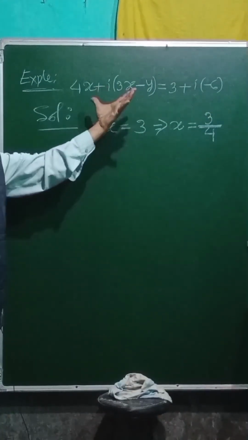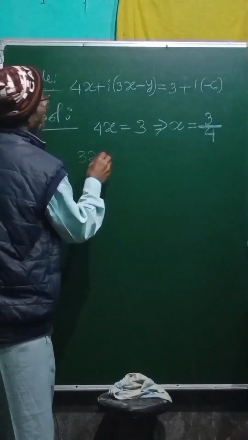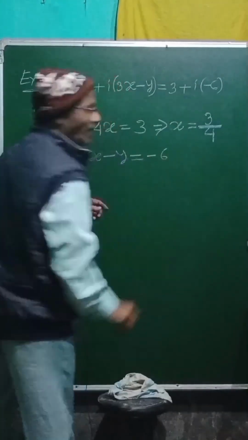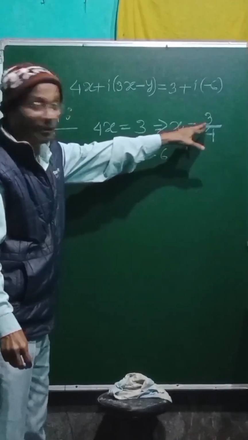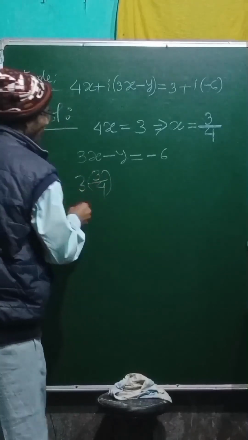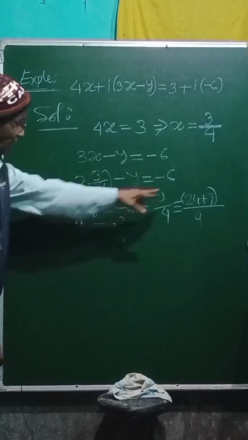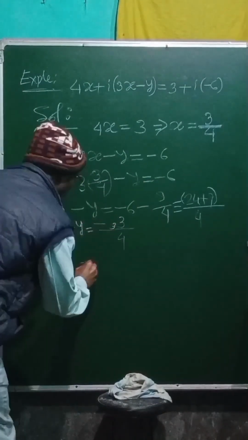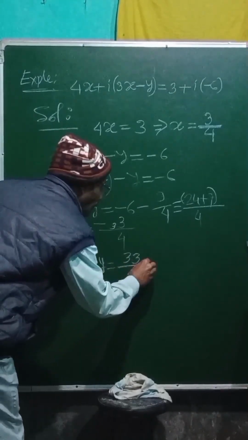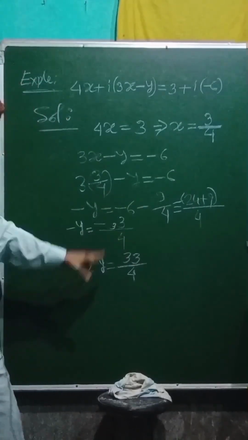Again, the imaginary part of the first number must be equal to the imaginary part of the second, so 3x minus y is equal to minus 6. Now x has been found as 3 by 4, so 3 into 3 by 4 minus y equals minus 6. Minus y equals minus 33 by 4, which implies y is equal to plus 33 by 4. So the solutions are x is equal to 3 by 4 and y is equal to 33 by 4.